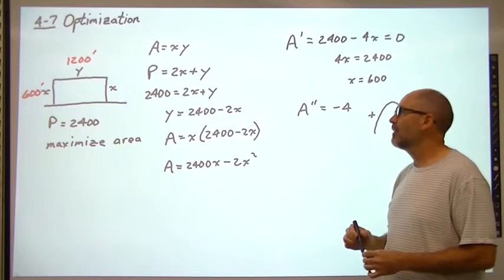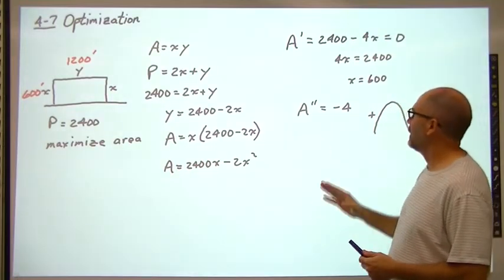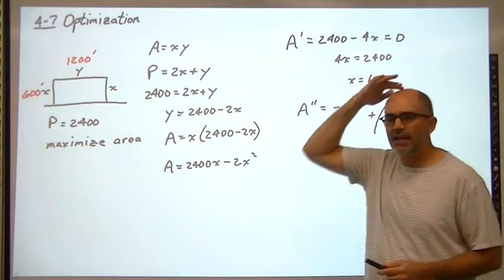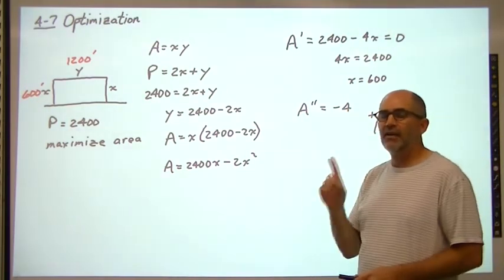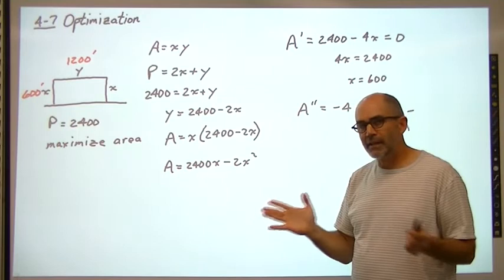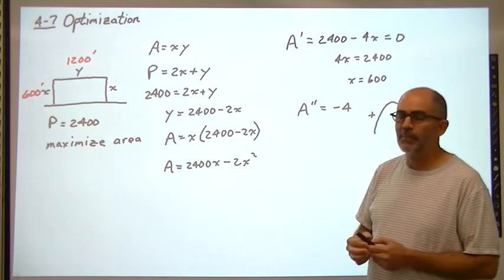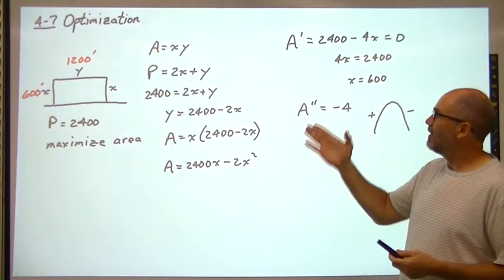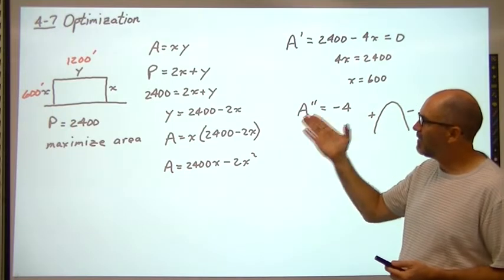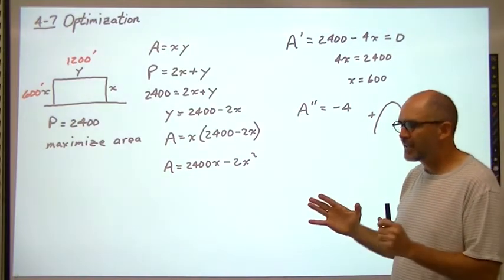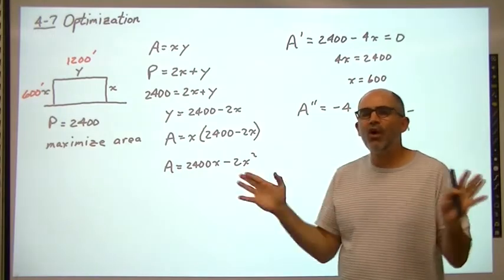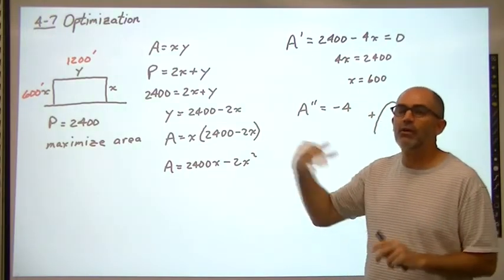Now, one other way of doing this, let's say you don't want to plug into the first derivative, you don't want to do the second derivative test. There's another way that I basically call common sense. You look at the fencing and you say, okay, if 600 by 1200 is a max, then no other dimensions could be greater than that.